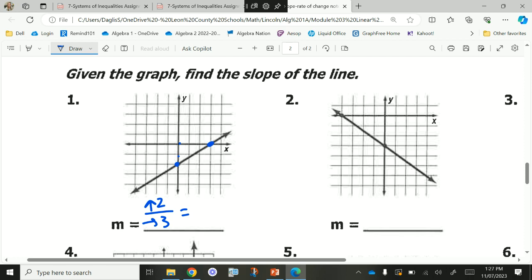No. Can I simplify 2 over 3? No. So my slope is going to be 2/3. Does it make sense that my slope was a positive number? Yeah. If I were to trace this with my pencil, moving left to right, my pencil would be going up.